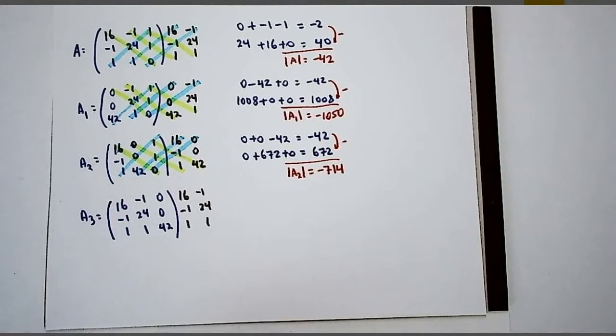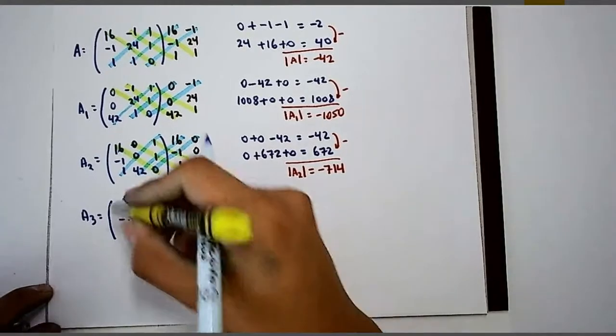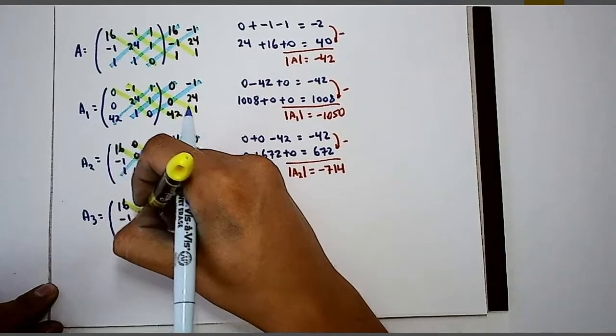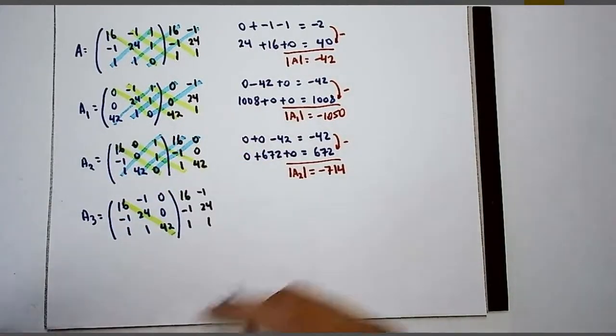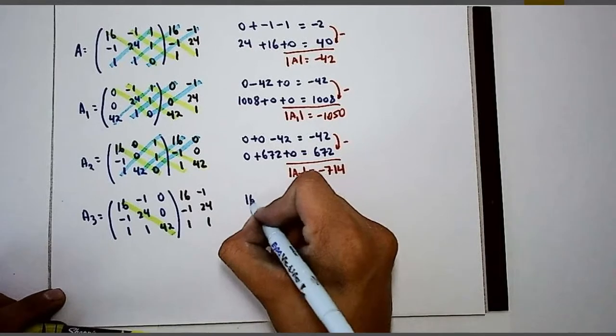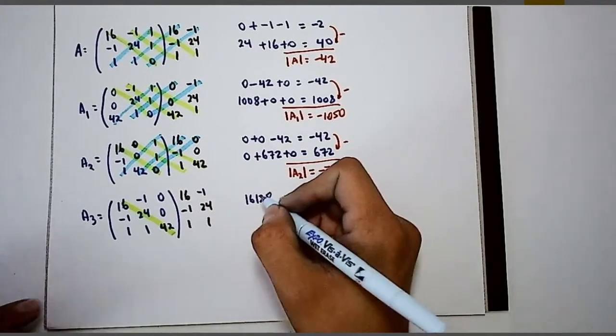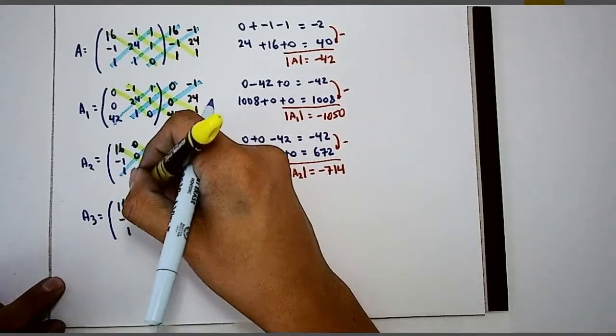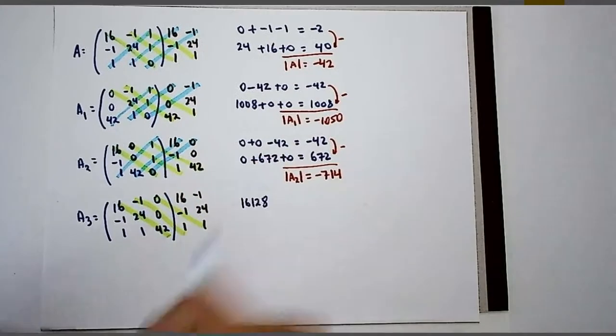Now let's continue with A sub 3. 16 times 24 times 42 is 16,128. This is 0 and this is 0.